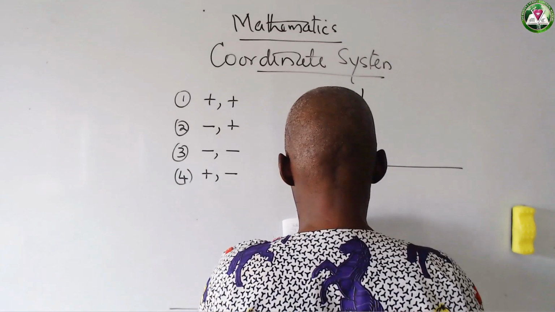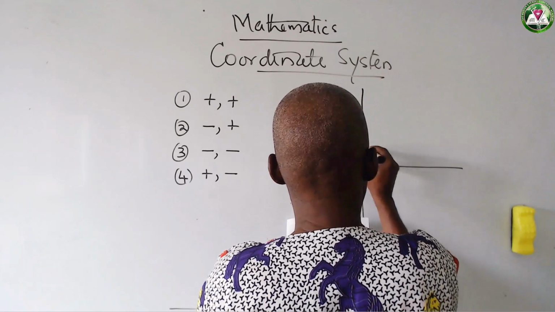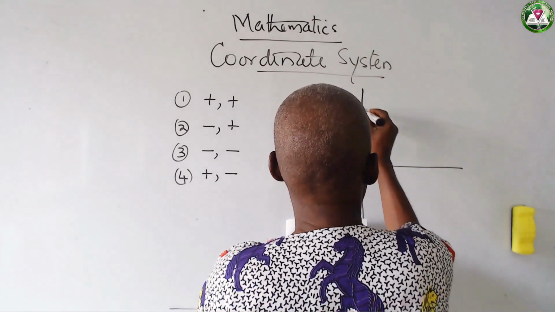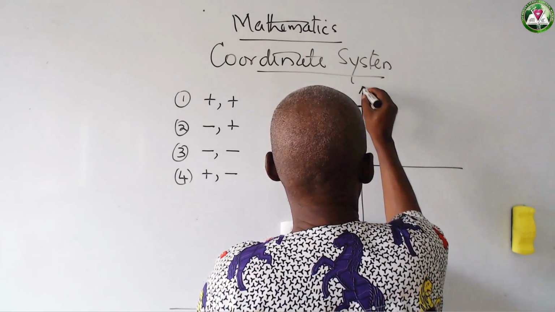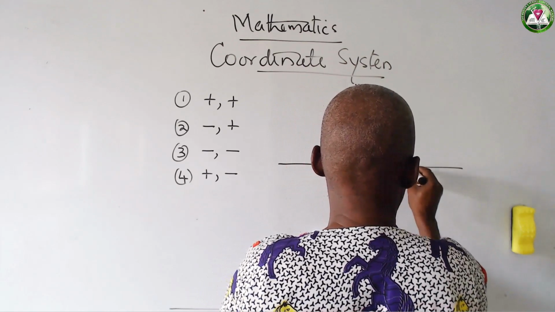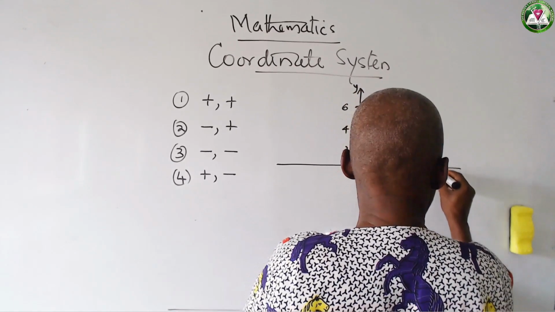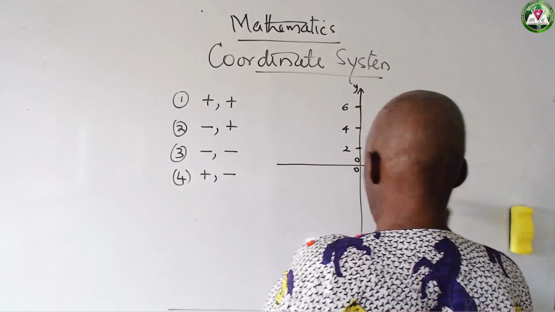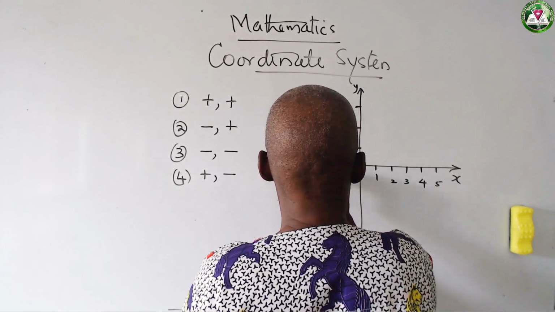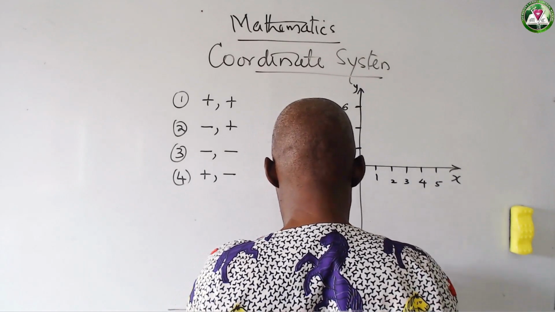The assignment goes this way. This is our origin. We now have here 2, here 4, here 6, and that is our y-axis. But these ones are 1, 2, 3, 4, 5, that way, the x-axis. Coming this way, minus 1, minus 2, minus 3, minus 4, and so on.